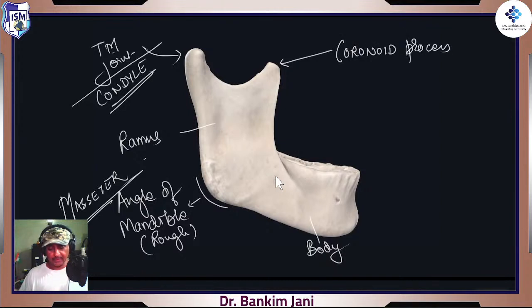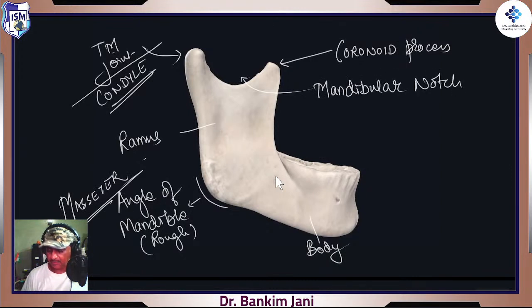Fair enough, everything has got importance. And this notch, that dip, is what is called the mandibular notch. Nothing very complicated till this point. If this is the head, then we can call this thing just a neck. That's okay.